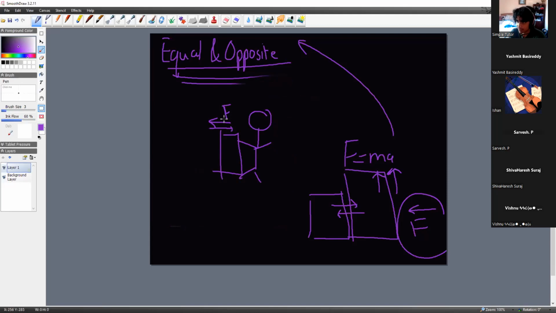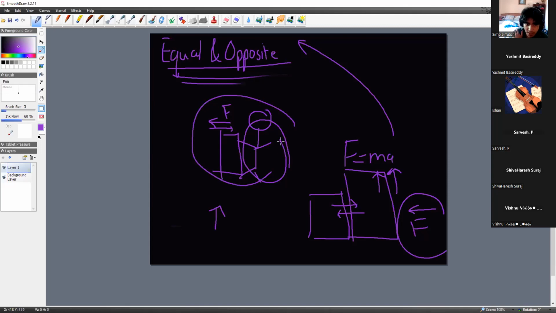That is equal and opposite. But the thing we have to understand is that typically this person right here isn't actually in the system. We only consider the system of the object or the box itself. And that allows us to classify F as an external force and not an equal and opposite pair that doesn't do any work on the system.